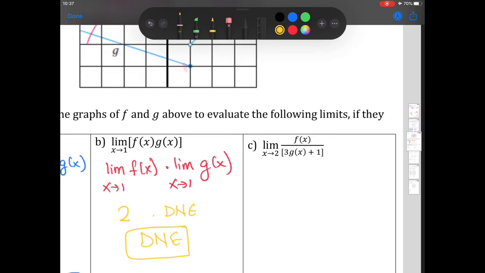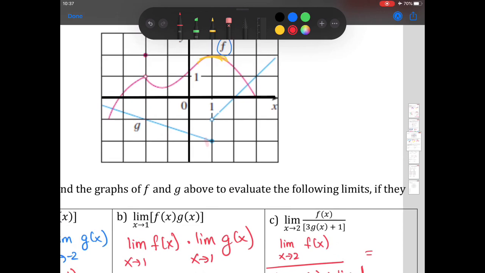Okay, part C. So let's first rewrite this. Limit as x approaches 2 of f of x over limit as x approaches 2, I'm going to write the 3 here on the outside, of g of x plus limit as x approaches 2 of 1. So now, as x is approaching 2, what's my y value?